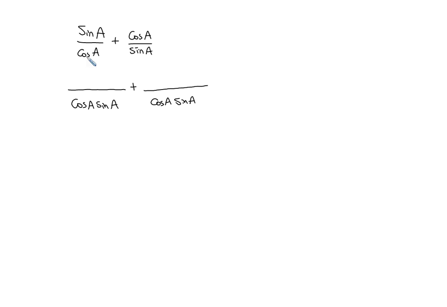So I multiplied the bottom by what to change it from cosine to cosine sine? So we multiplied top and bottom by sine of A. So that becomes what on the top end? Good. Sine squared A. What do I multiply top and bottom by here? Cosine of A, which makes the top what?